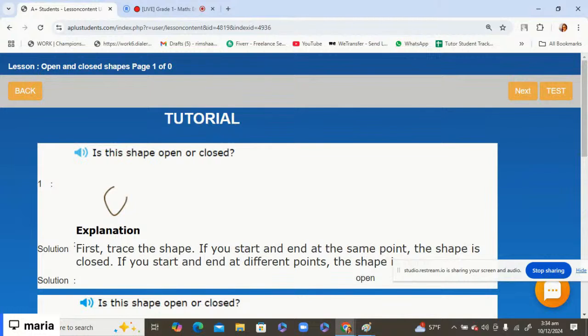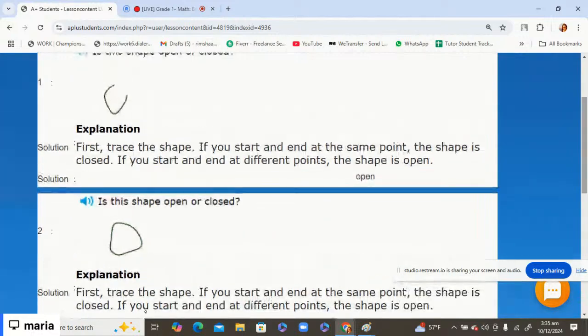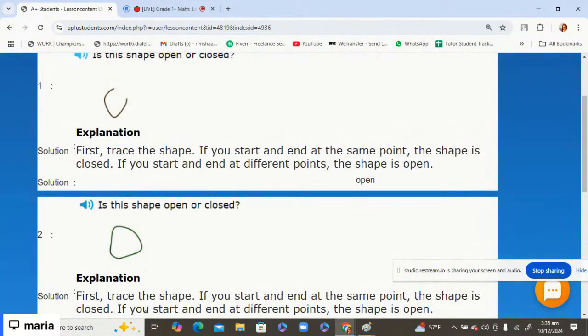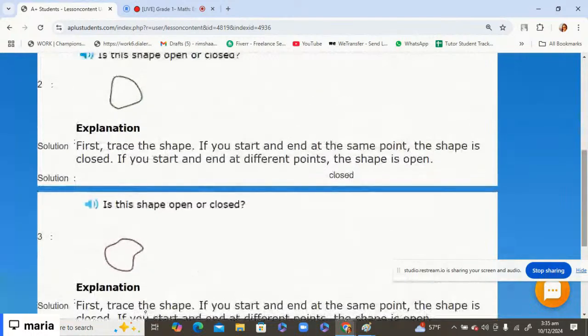So when you see the starting and the ending point, this is not same, so we can say that your shape is not closed, this is open shape. Okay, all right, look at this one. Starting and the ending point is same, because when we trace the shape, so the shape is closed. This one is again closed.